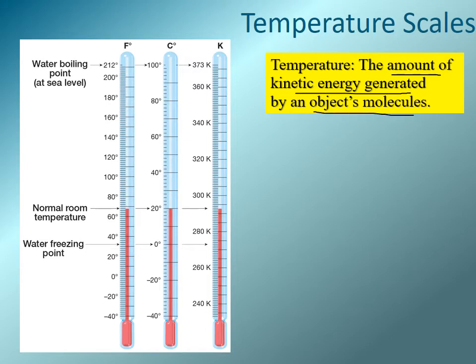So your molecules are all vibrating and moving around a little bit at a certain rate. The average rate of movement, we're not talking about mass movement of molecules, we're talking about vibrational kinetic energy on a molecular level. The higher that average is, the hotter the temperature is.